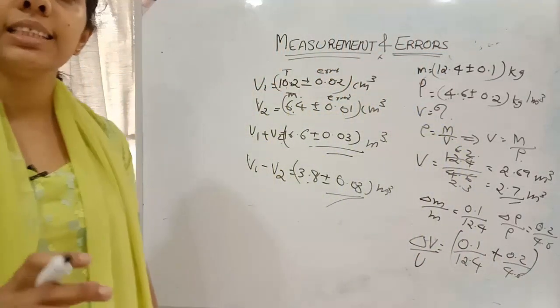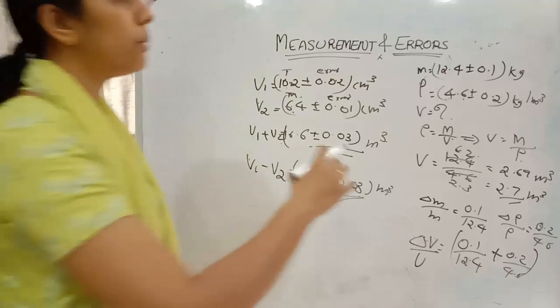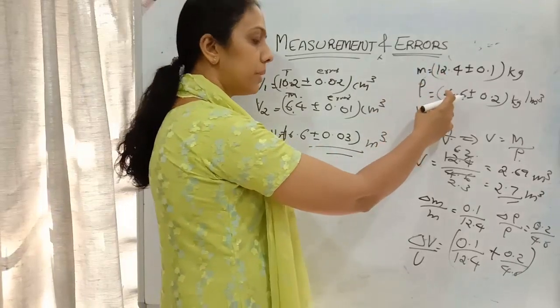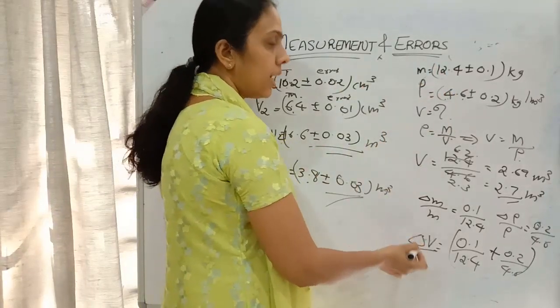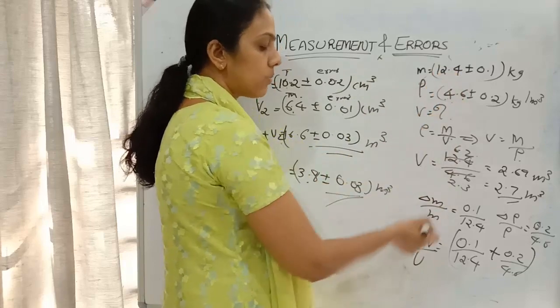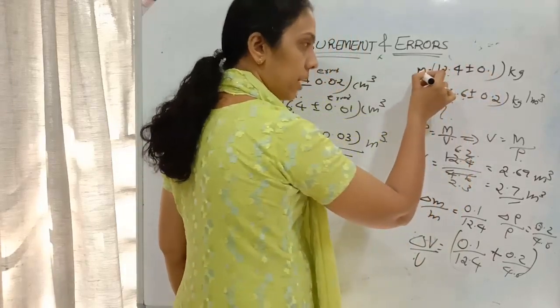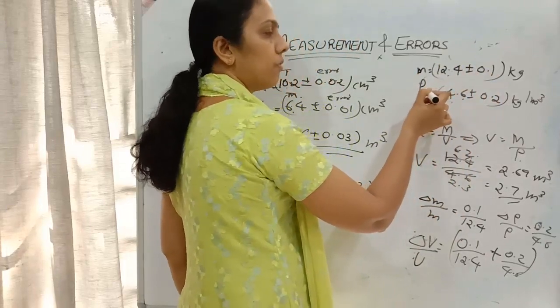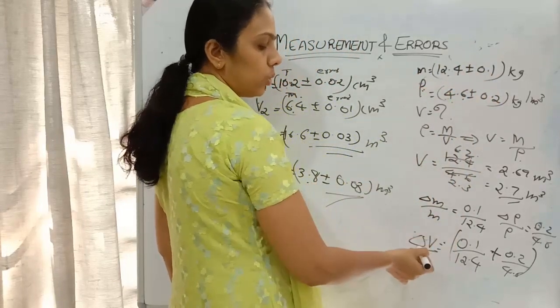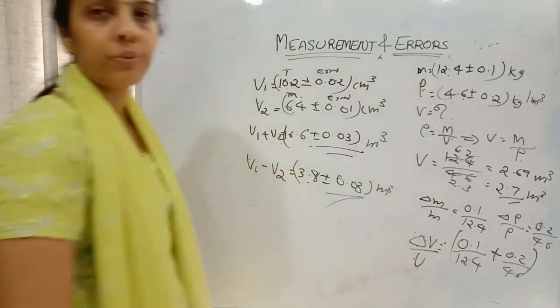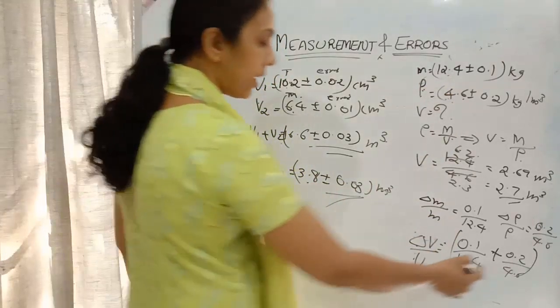So the relative error in multiplication, how can we find it out? The relative error of M plus the relative error of rho will be equal to the relative error of the volume. Then how can we find the error now?